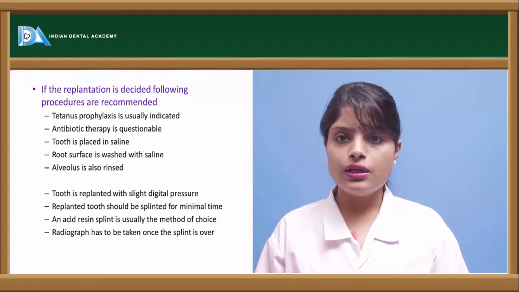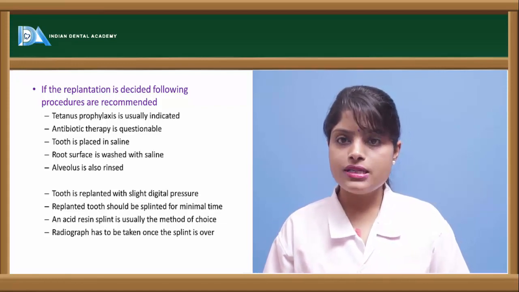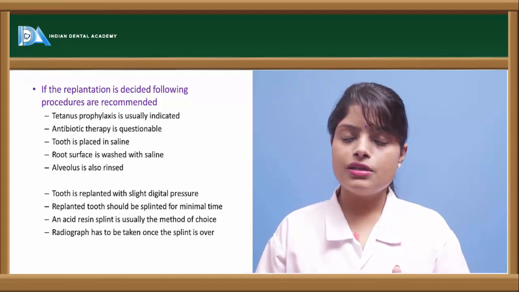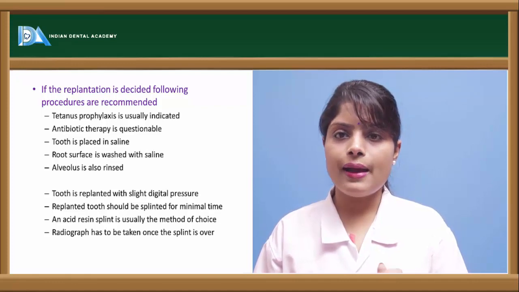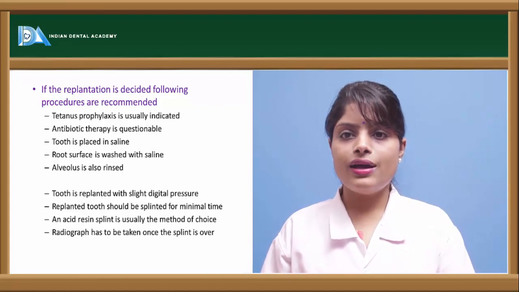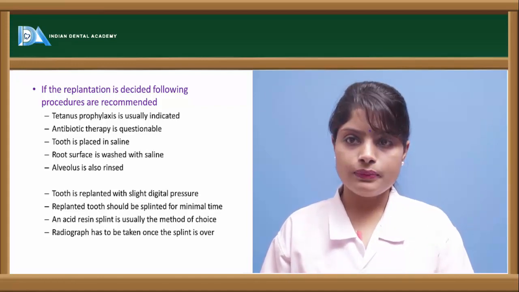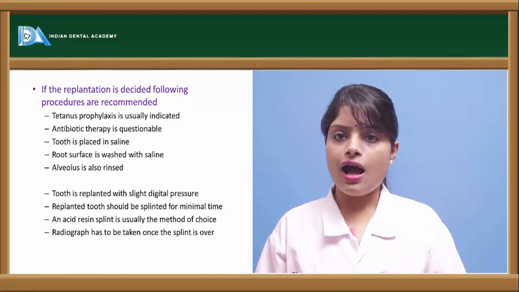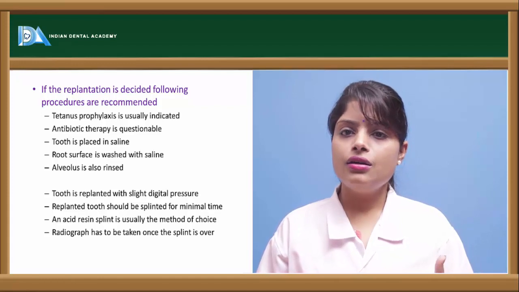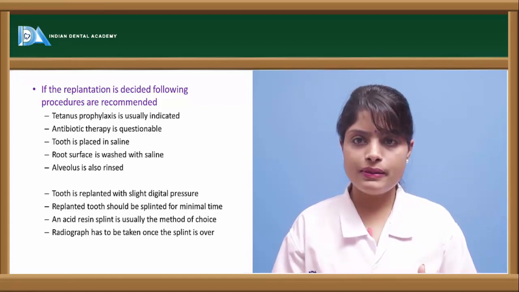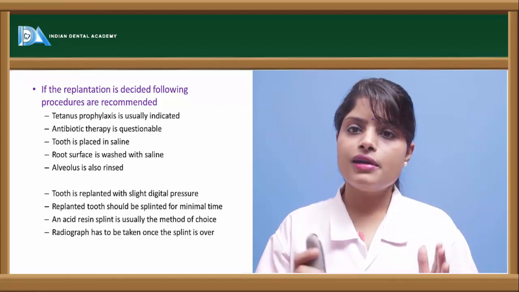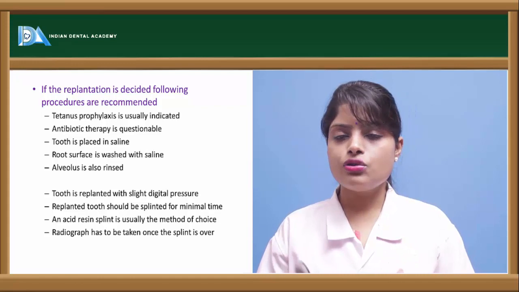Then the tooth can be reimplanted by holding it properly, first rinsing the tooth, then placing it with digital pressure inside the socket apically, with very minimal force. Then we ask the patient to bite on a gauze piece, further repositioning the tooth in the socket. Then a flexible splint should be applied immediately for stabilization of the tooth, and the patient should be recalled after 7 to 10 days.